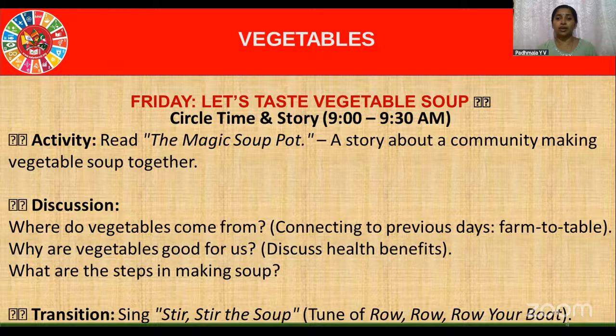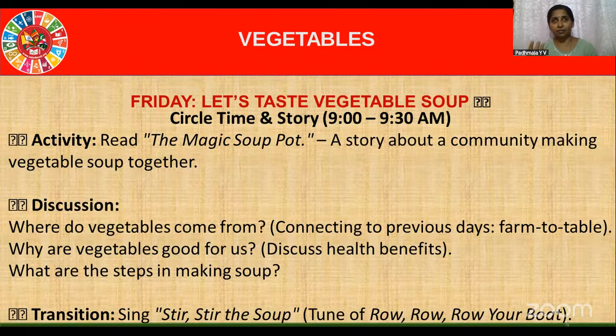C for cabbage, B for beetroot, T for tomatoes. Put them all together and make me some soup. Make it yummy, make it tasty, serve it hot and nice. I will drink it up to the very last drop.